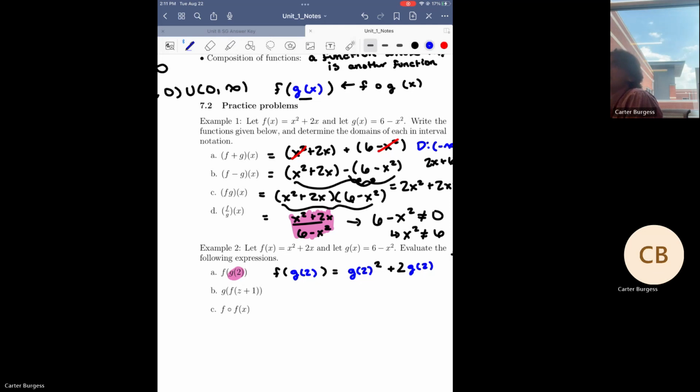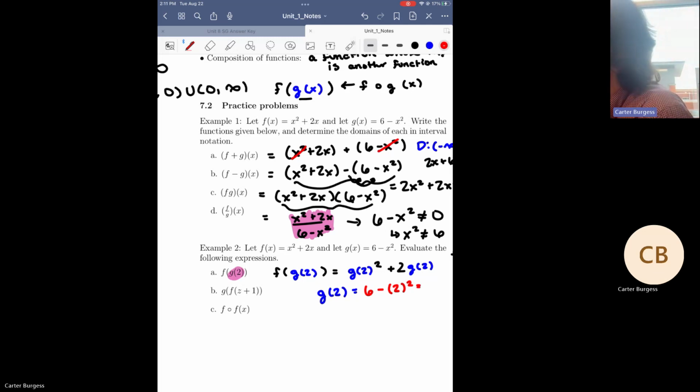Okay. So that's kind of as simple as it is. Like that really is kind of it. But we can do a little bit better than this. How would I figure out what g of 2 is? Yeah, substitute in 2 for x in g of x. So for instance, we can say, well, I know that g of 2 is going to be equal to 6 minus 2 squared. 2 squared is 4.